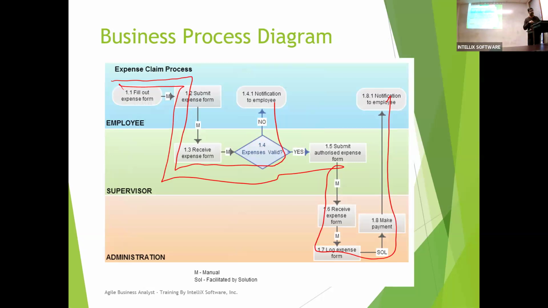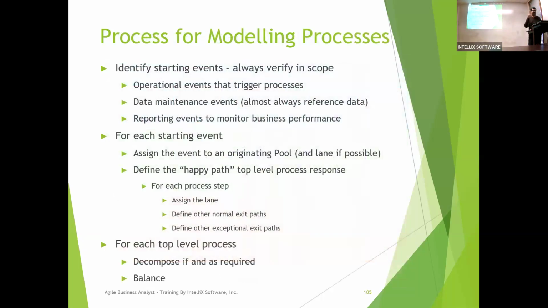The exception path says, hey, it got rejected. But it could be, hey, I got rejected because it was not the correct amount. I mistyped it. I need to fix it and resubmit it. What does that flow look like? Because it's not here, right? So you need to understand what those triggering events are, and then for each one of them, what is the happy path?